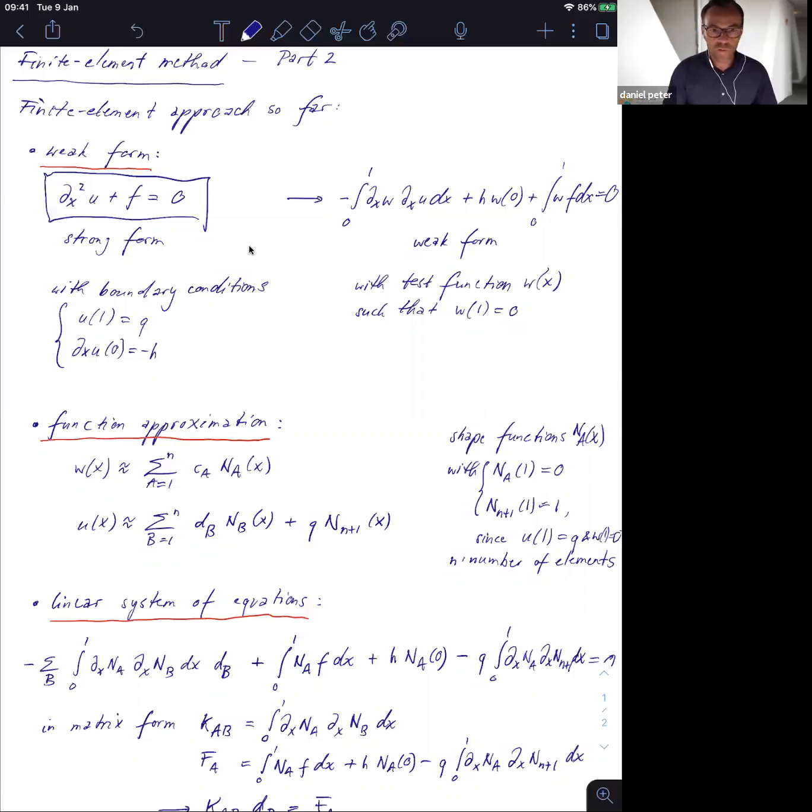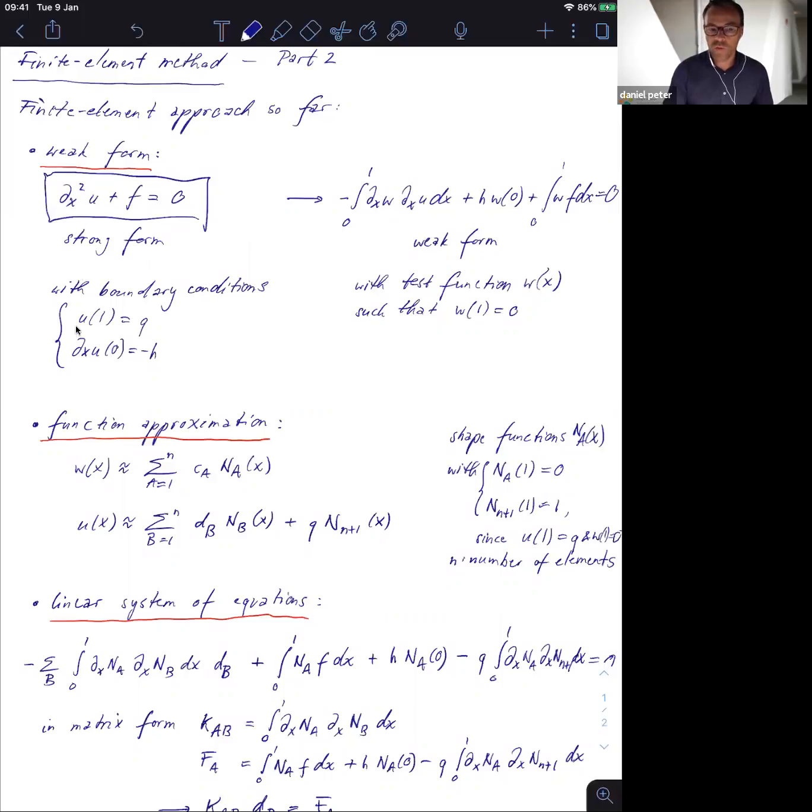So here is the diffusion equation. On the left side is the strong form, and on the right side we have the weak form. I put here the weak form that is the result when we add the boundary conditions. On the left side we have the strong form together with particular boundaries.